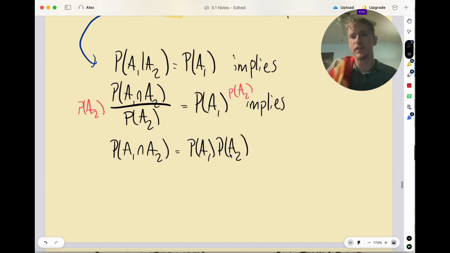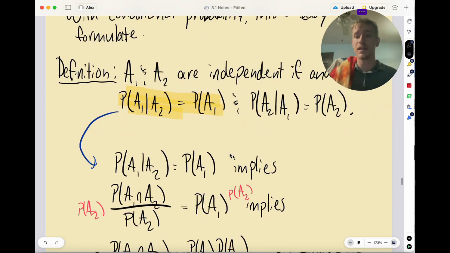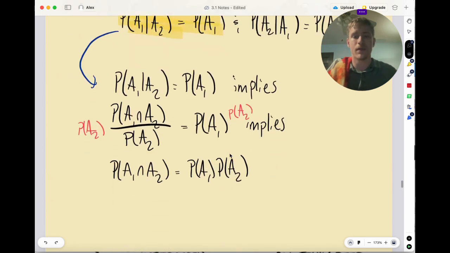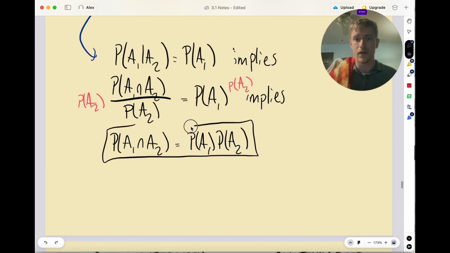Before I box this, you'll see it would be the exact same argument in the other case, because multiplication is commutative, so we do have this formula. So this is independence of events.